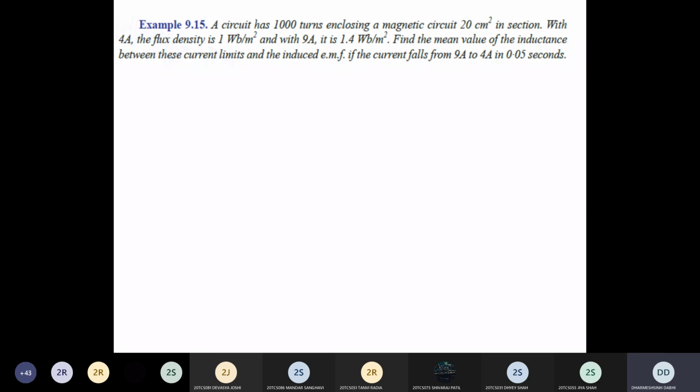Write down this first example. A circuit has 1000 turns enclosing a magnetic circuit of 20 centimeter square cross-section area. With 4 ampere, the flux density is 1 Weber per meter square, and with 9 ampere it is 1.5 Weber per meter square.